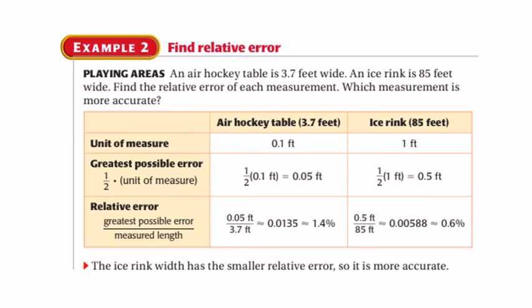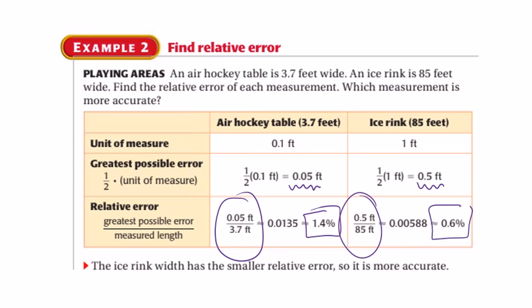Then I take 1/2 of the unit measure for the air hockey table and 1/2 of the unit measure for the ice rink in order to find my greatest possible error. To find the relative error and determine the accuracy, I take my greatest possible error over my measurement, and I get a percentage.